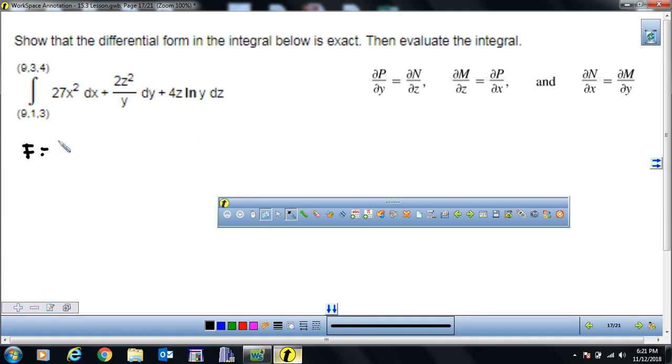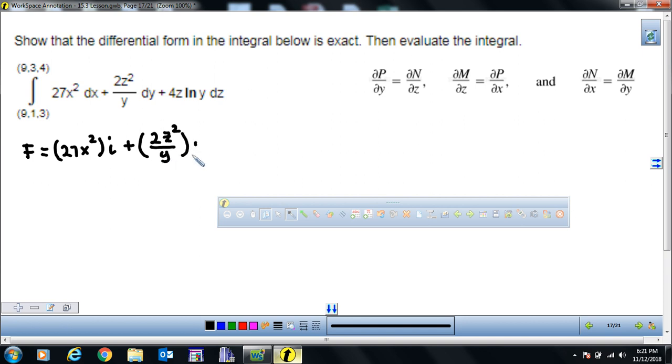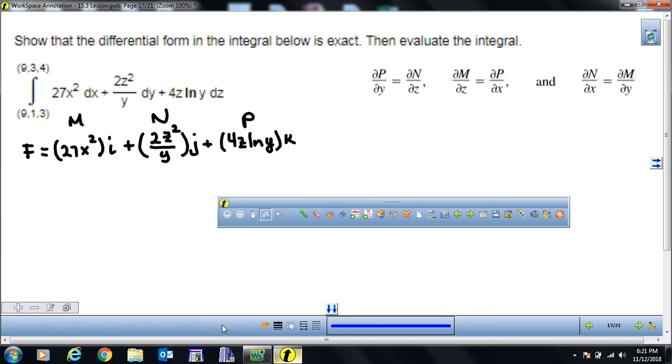So that's going to be 27x squared i plus 2z squared over y j plus 4z ln of y k. This is your m, n, and p components of this field.